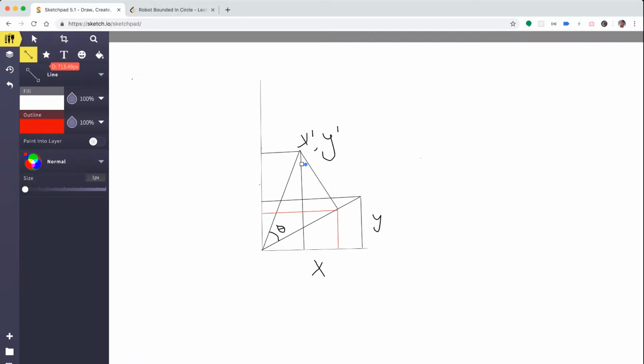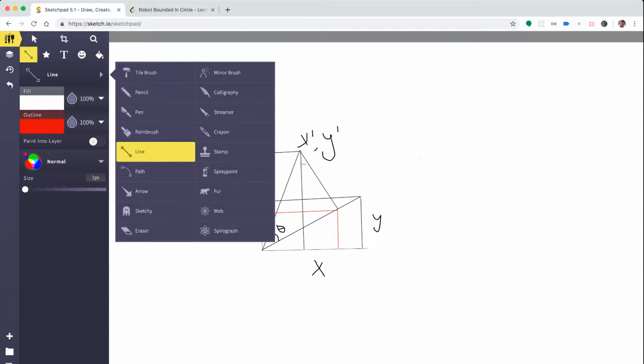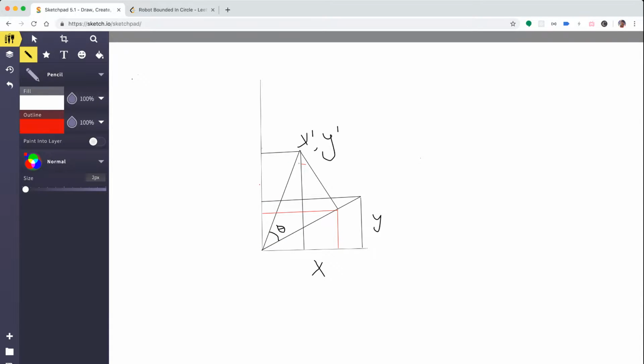Oh, sorry, this is a disaster. Here it's also theta, and this is theta. Oh, this is not theta.